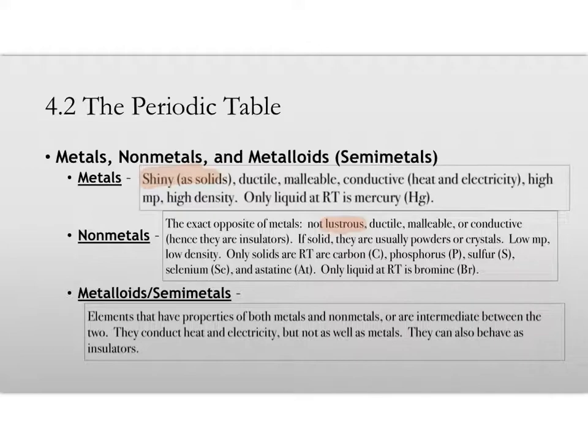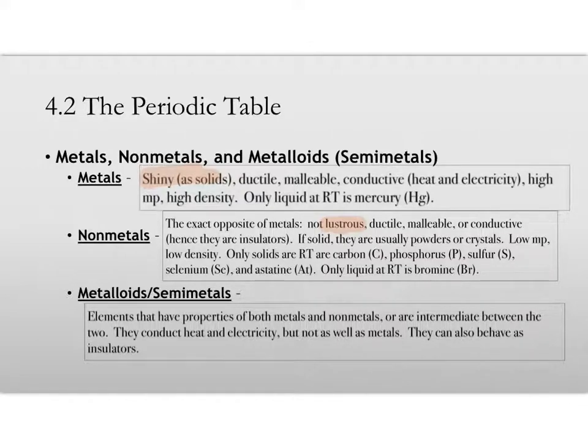The metalloids, or semimetals, have properties of both metals and nonmetals, or properties that are in between metals and nonmetals. So they can conduct electricity, but they're not as good as metals. They're semiconductors. So they can conduct electricity fairly well, but not great, or they can actually not conduct electricity at all.